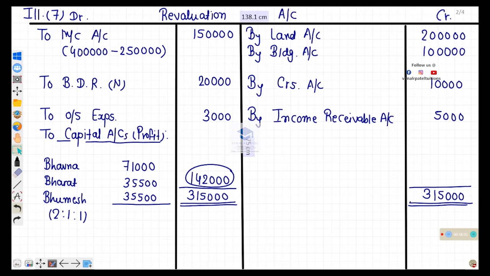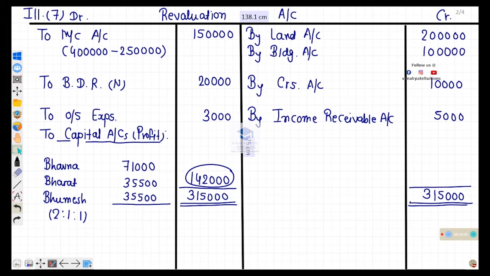This is the revaluation account. Now you can pass journal entries individually, transaction wise, or you can pass a combined journal entry also. In the individual entries, the first entry is land account debited to revaluation account, second, building account debited to revaluation account, third, revaluation account debited to machinery account, fourth, revaluation account debited to BDR account.